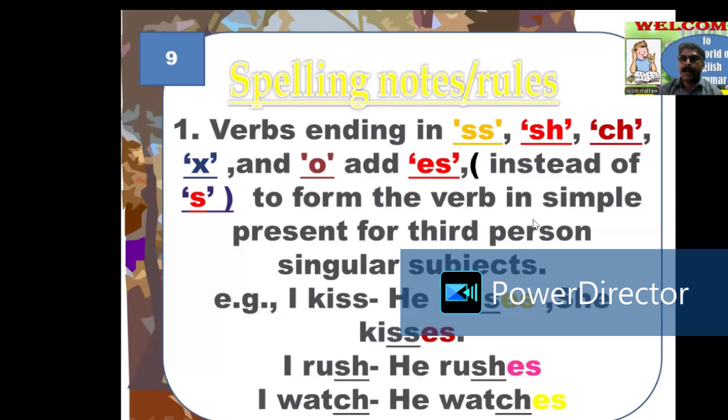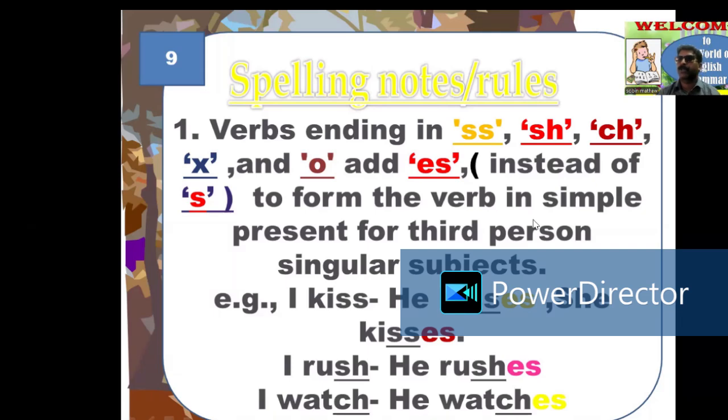Then the teacher asked Anagha, can you think of a verb that follows these rules? Then Anagha explains the verb that follows the rule, watch. I watch becomes she watches.